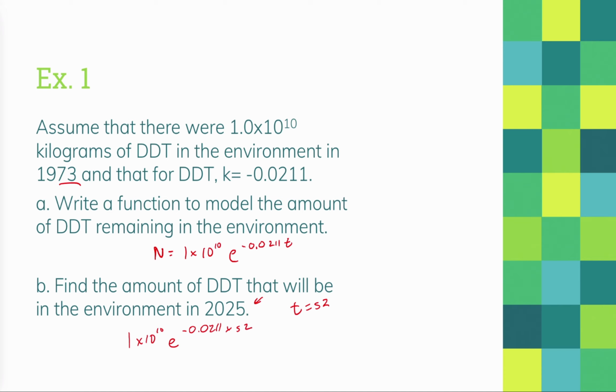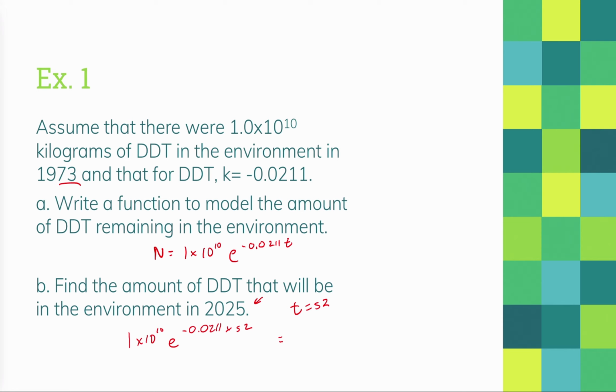And if we plug that into our calculator, e to the -0.0211 times 52, we get a very large number.